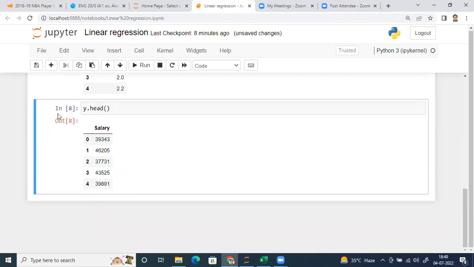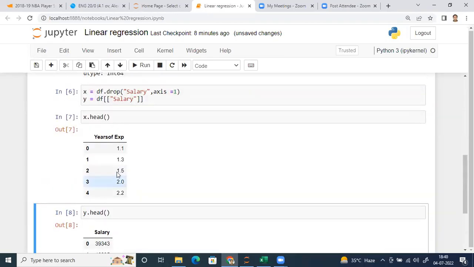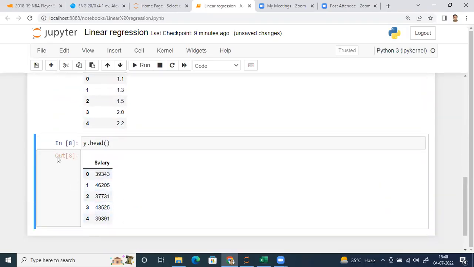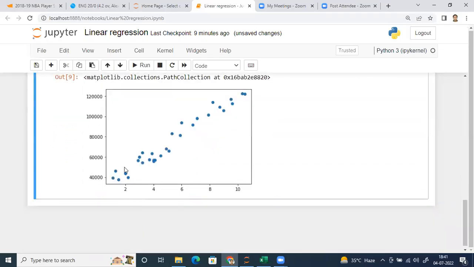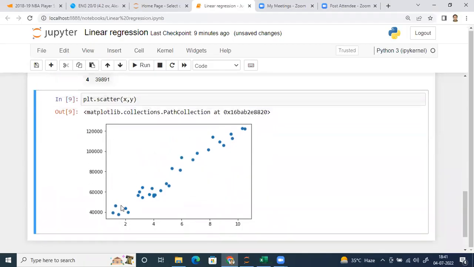And let me try to plot. Let me check the relationship. What kind of relationship are we having? We have numeric data at both ends. Salary is a numeric column, experience is a numeric column. So to see the relationship between numeric columns, we can go with a scatter plot. So I am mentioning here plt.scatter, and I can directly pass X comma Y. If you see here, on the x-axis we have years of experience available, on the y-axis we have salary, and we can see some kind of linear relationship.